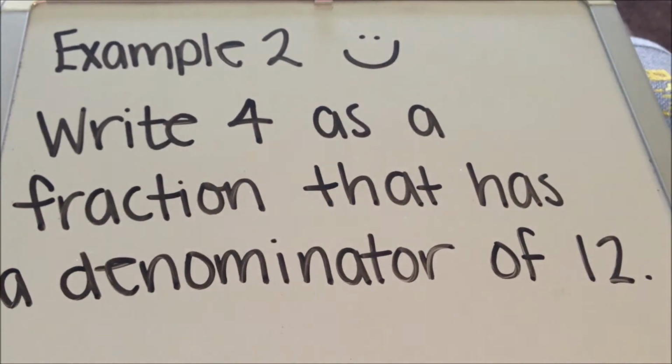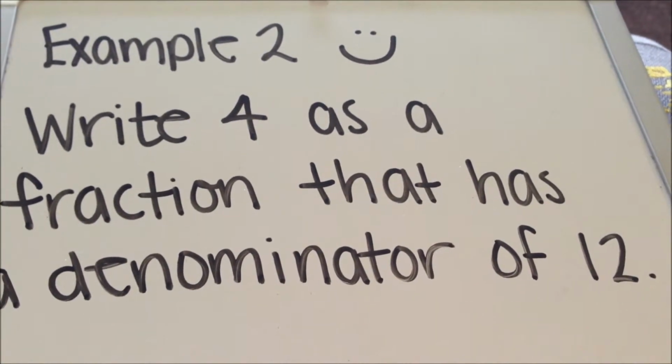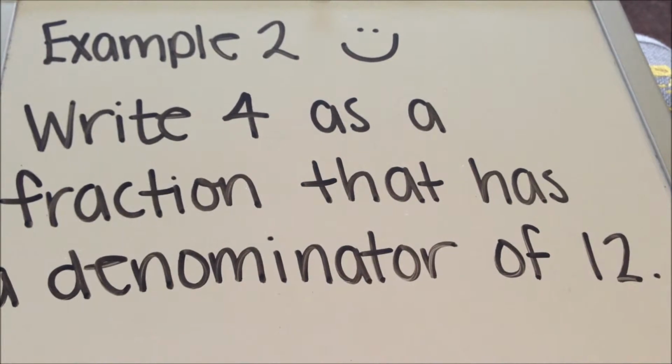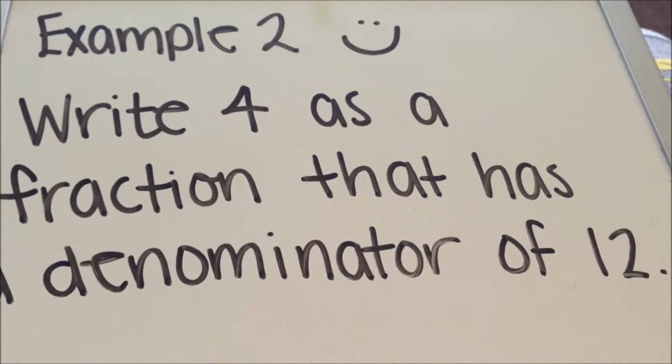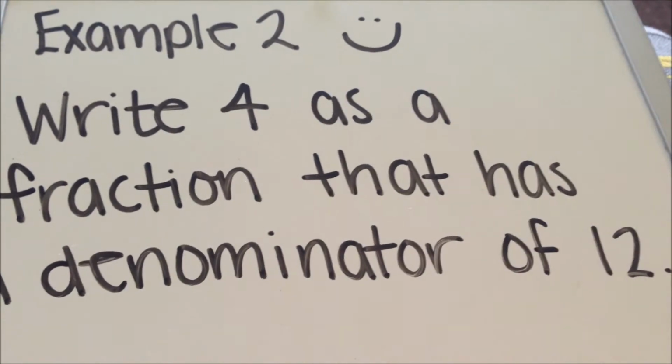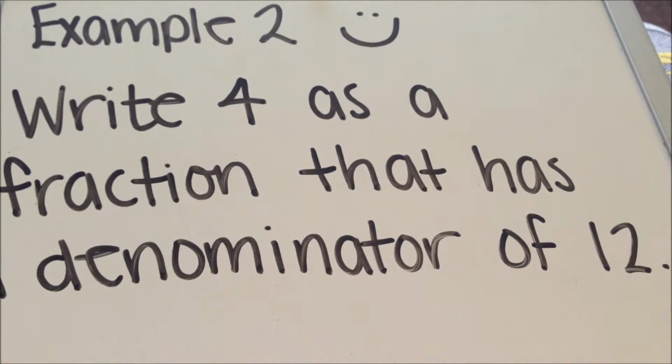Example 2. Write the number 4 as a fraction that has a denominator of 12. The number 4, which is a whole number, can be written as a fraction by writing it as 4/1. You can do that with any whole number by writing it over 1.